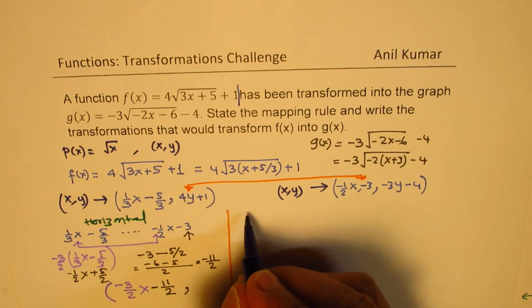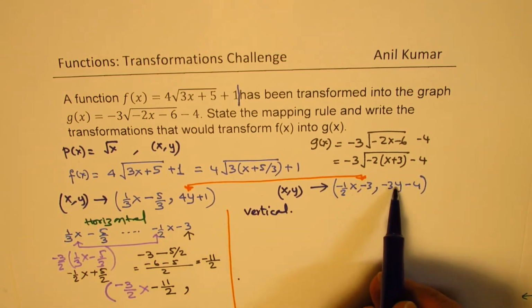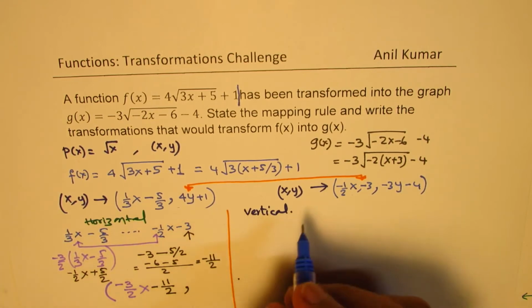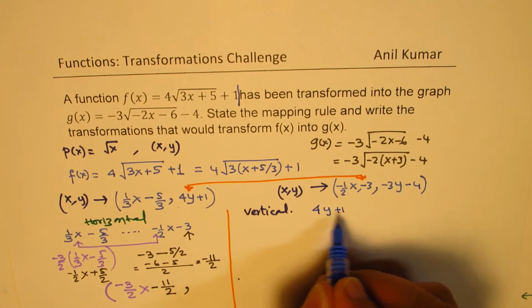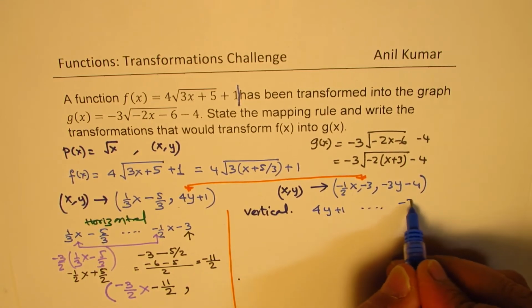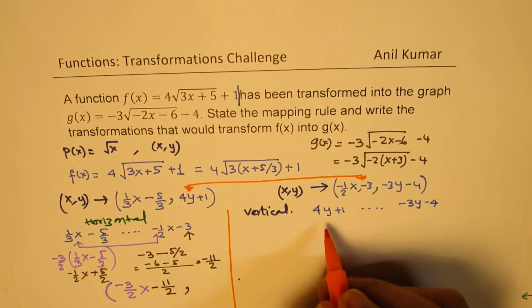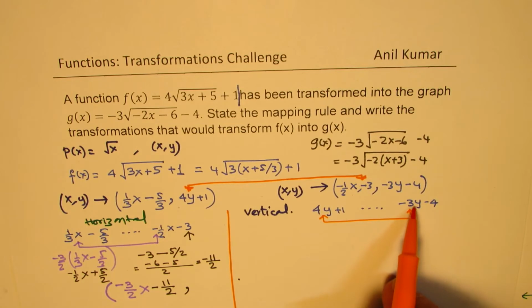Okay, so we'll talk about vertical. That means comparing the y values. So we look at 4y plus 1 as compared to minus 3y minus 4. If you compare 4y with minus 3y, you know clearly it has been multiplied by minus 3 over 4.